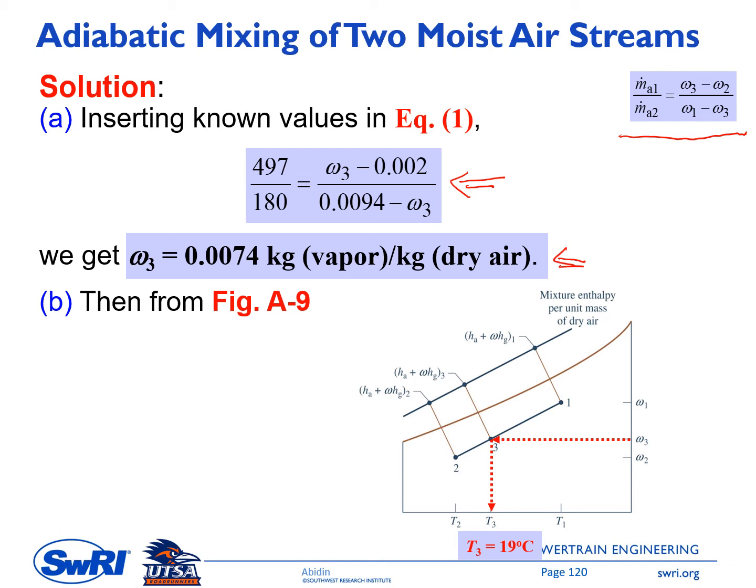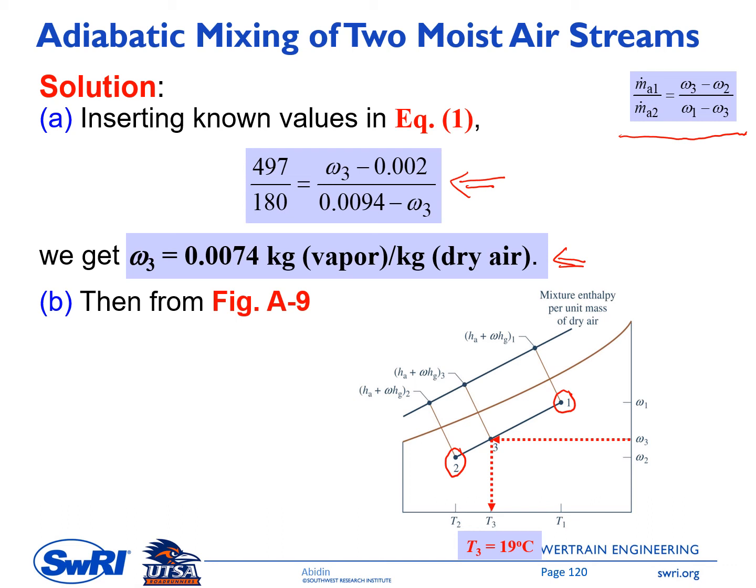Then we can use the psychrometric chart to get T3. In this case, you need to map where point number 1 is, and then map where point number 2 is, based on the given T1, T2, as well as the enthalpy or omega 1 and omega 2.